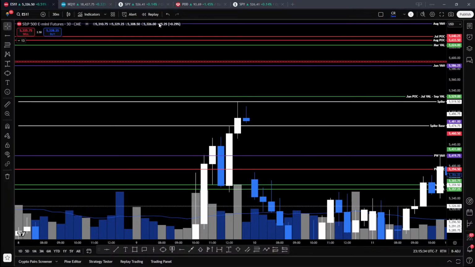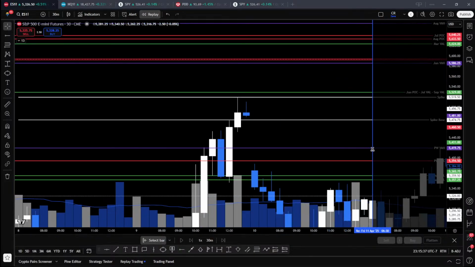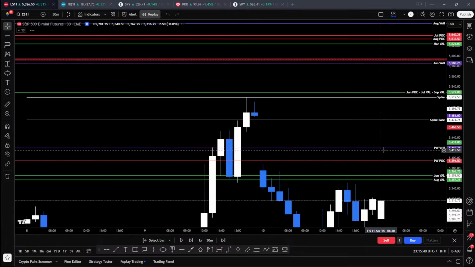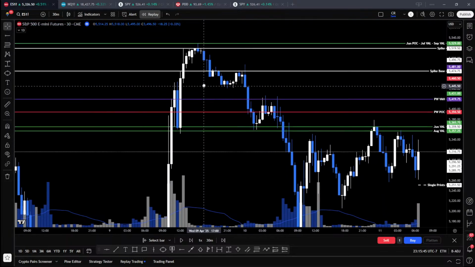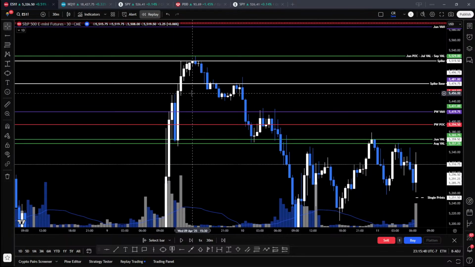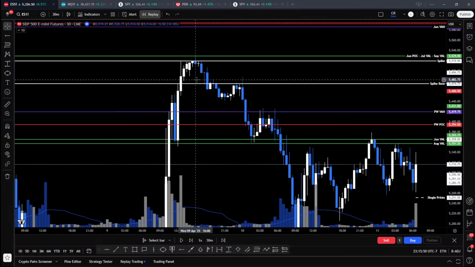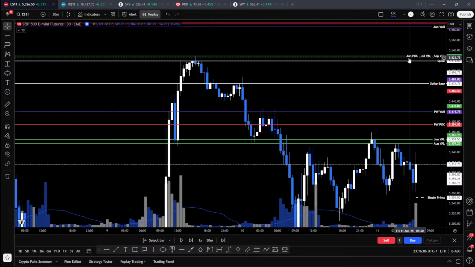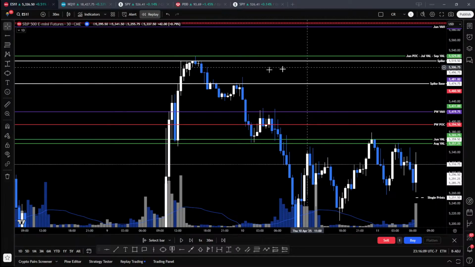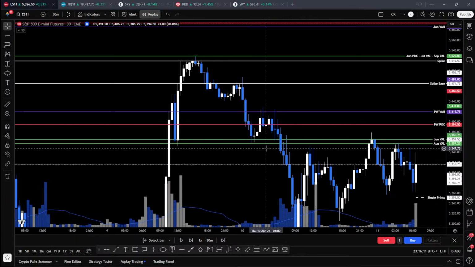If I turn on, sorry, let me do this. So we ended up opening in between, and they pushed it up to the June POC, July value area low, September value area low, and then just ended up selling off from there.